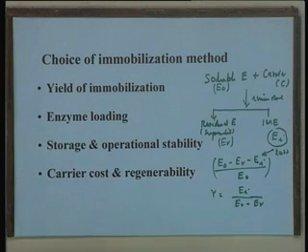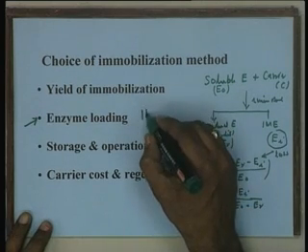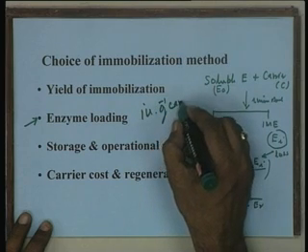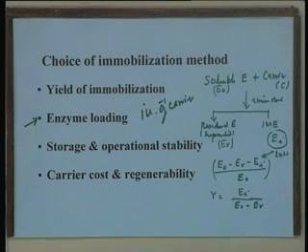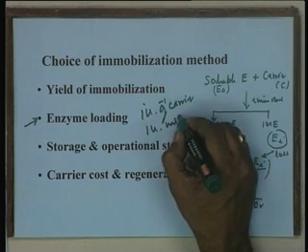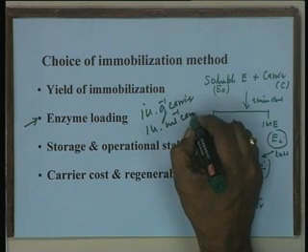The other factor which is important to be considered is enzyme loading. That becomes almost a similar parameter to what you consider in the case of a soluble enzyme, specific activity. When we talk about specific activity, the higher the specific activity, the catalytically better the enzyme is. Similarly, in the case of enzyme loading, we talk of, for example, international units per gram of carrier, or if you take into account the bulk density of carrier, you can also say international units per ml of carrier bed.